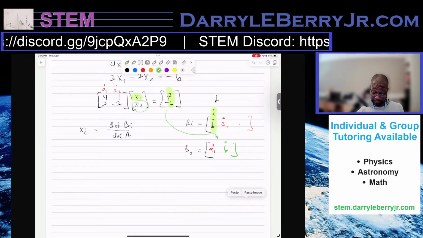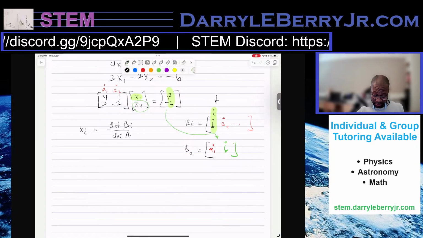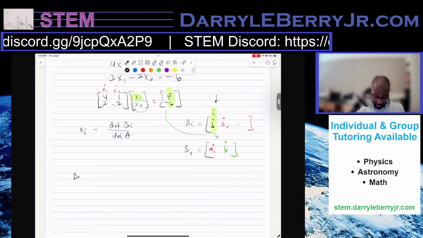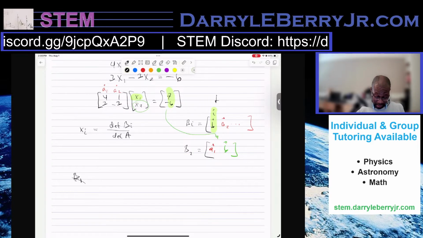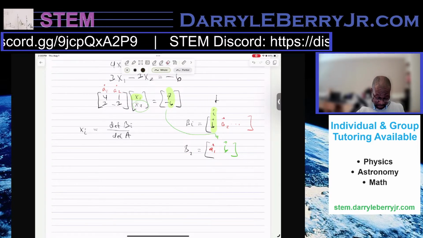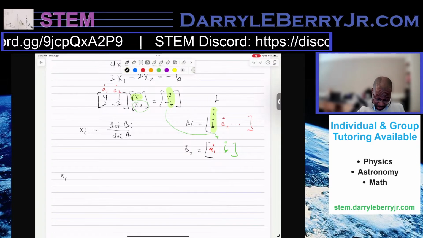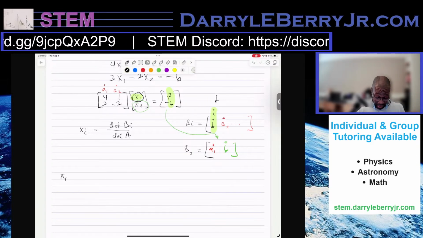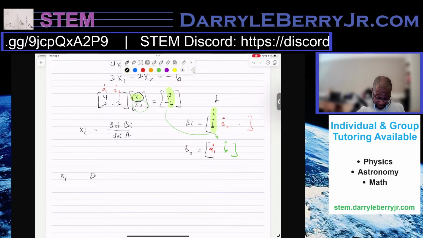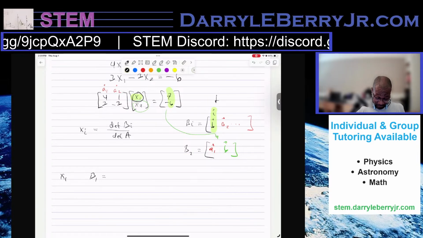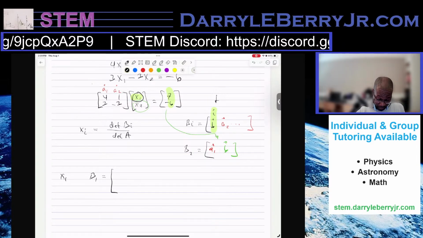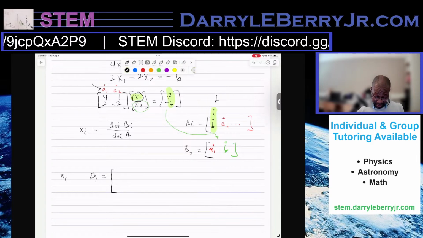So let me be more explicit with this. Let's say we want to solve for x1. X1 is what we want to solve for, which is this term here. So now we're going to need B1. I want to solve for x1, and x1 is going to be the left side of the matrix.